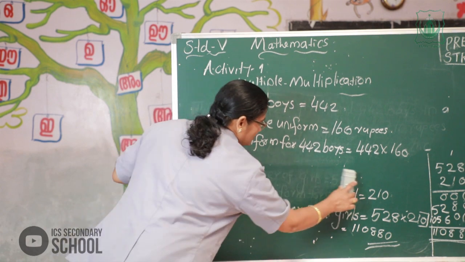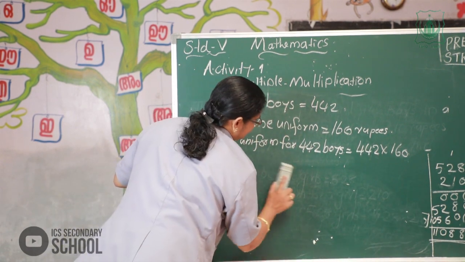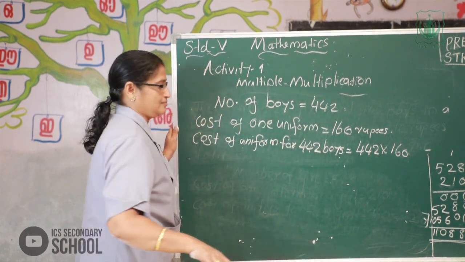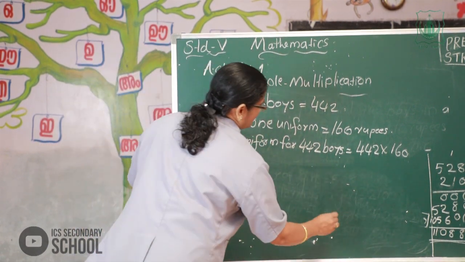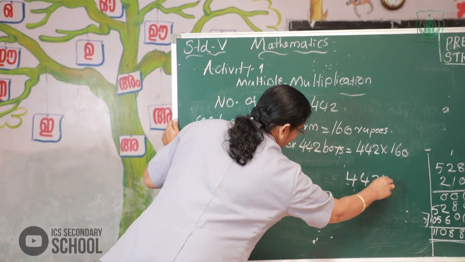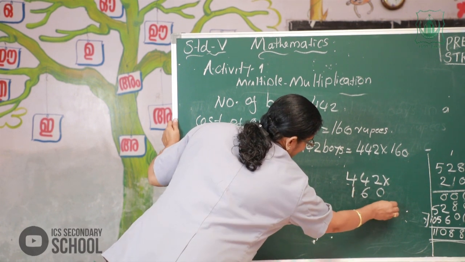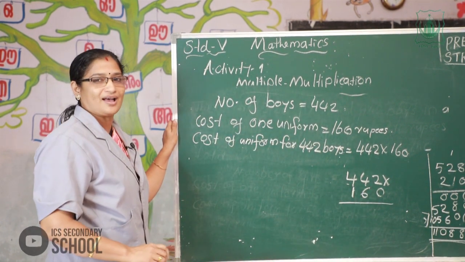May I clean this part? And solve the problem. 442 into 160. Multiply this number.